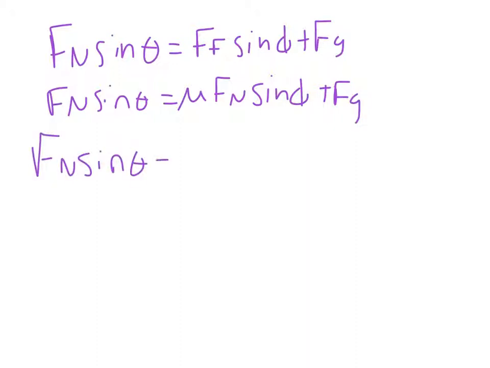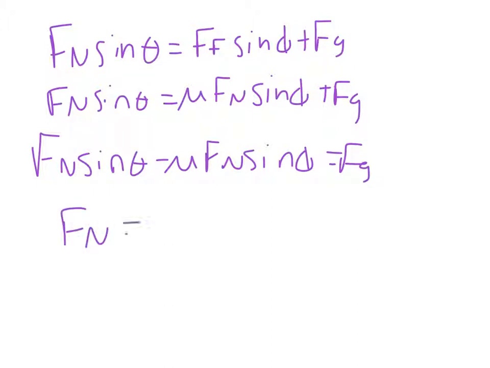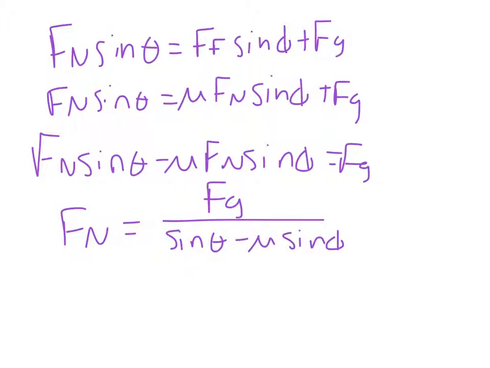Fn sine theta minus mu Fn sine phi equals Fg. I'm skipping steps here, factoring out the Fn and then dividing, we get Fn equals Fg over sine theta minus mu sine phi. That's in the y direction.